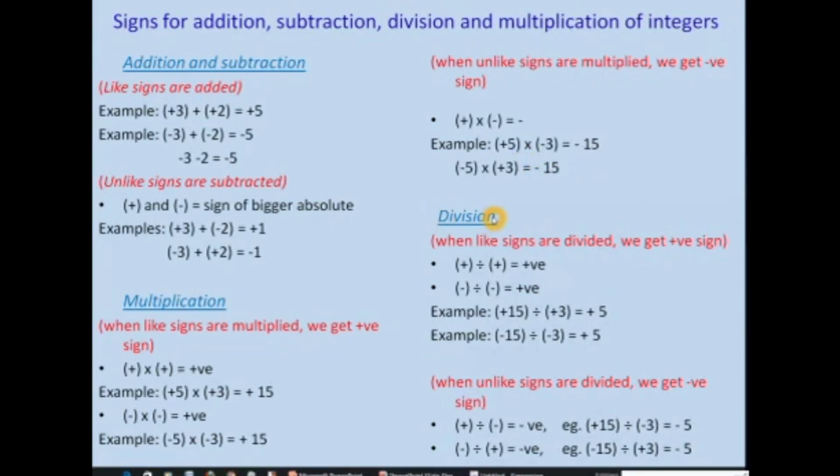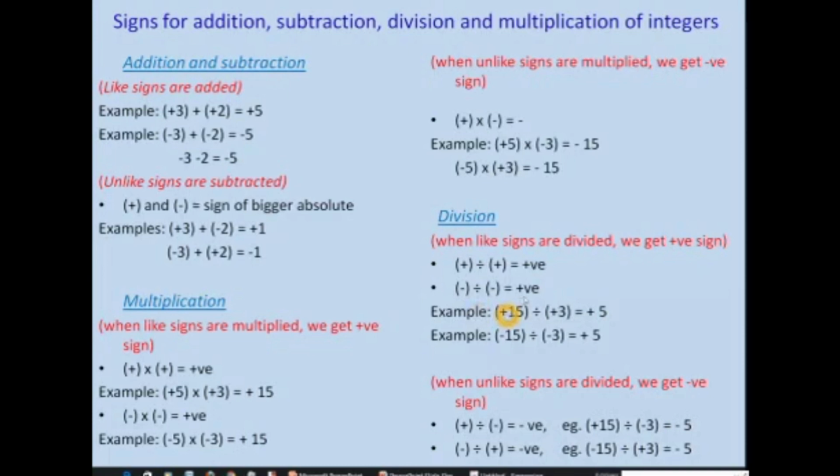In terms of division, when like signs are divided, we get a positive sign. Plus divided by plus, we get positive. Minus and minus, they are the same sign. Minus divided by minus, we get a positive sign. Let us take a look at this example.